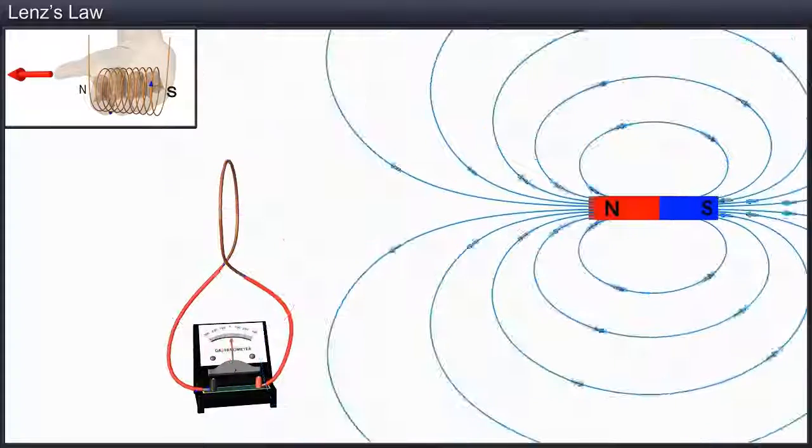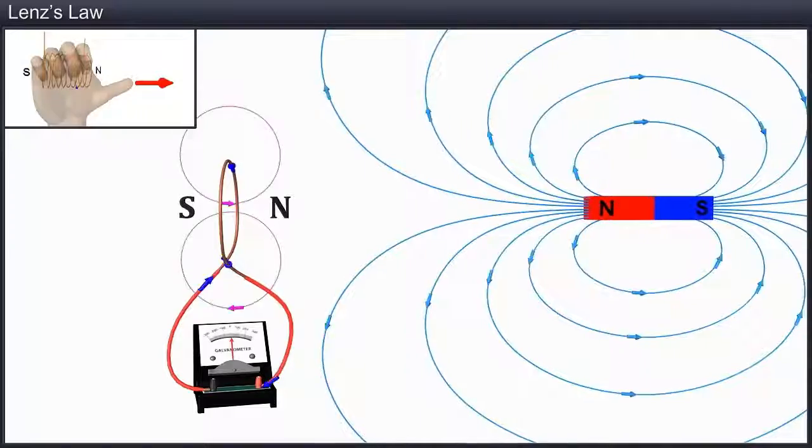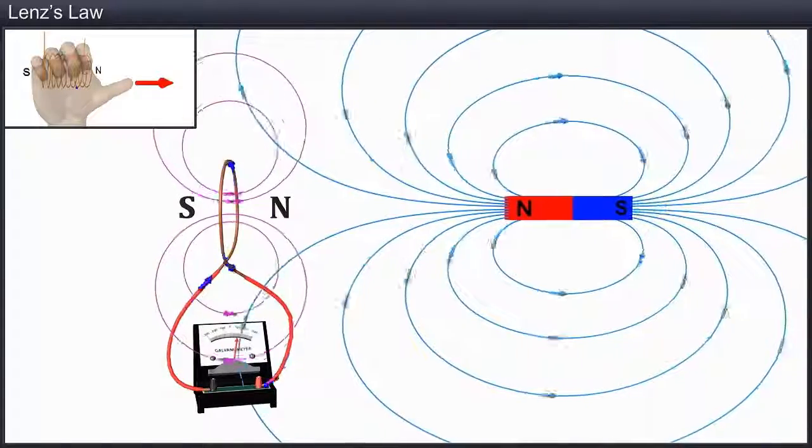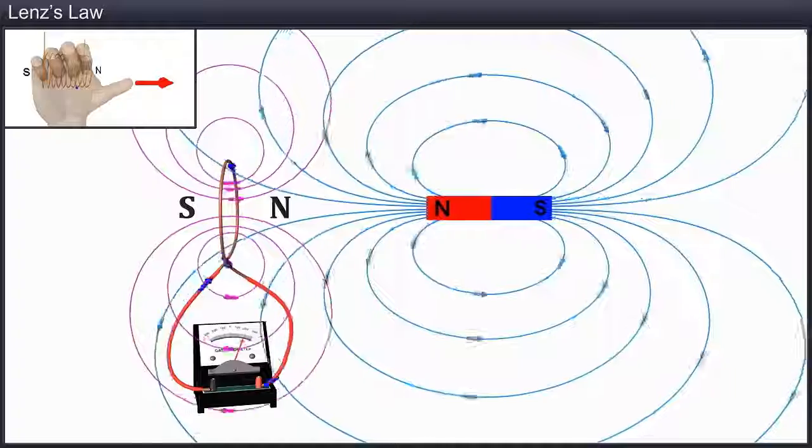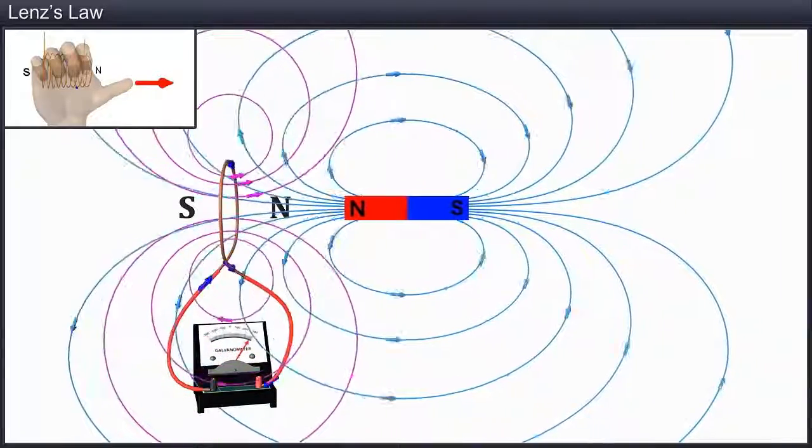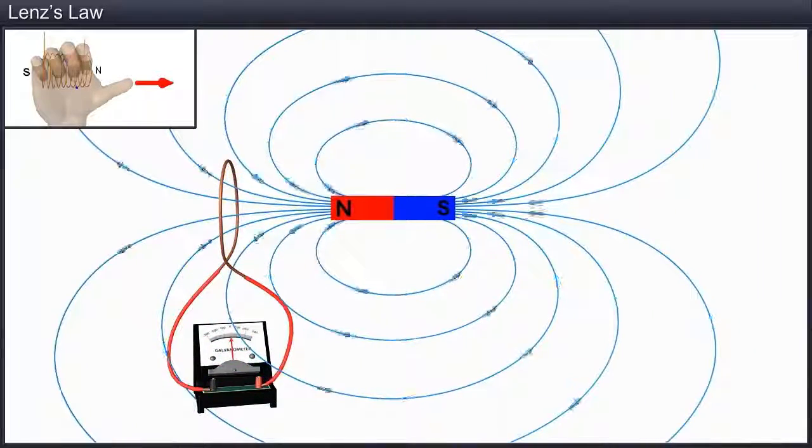In this experiment, the coil, which is connected to a galvanometer, is at rest. A bar magnet with its north pole facing the coil is moved towards the coil. This causes the magnetic flux through the coil to increase. A current is induced in the coil which opposes this increase in flux.